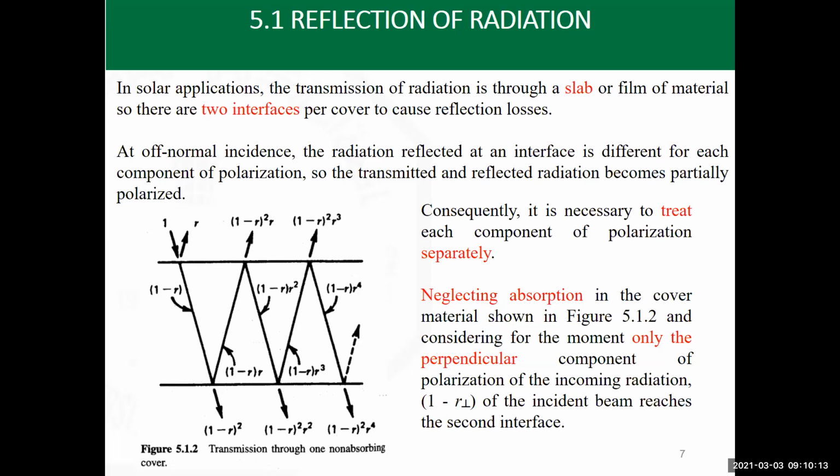So two interfaces per cover are causing losses of reflection. At off-normal incidence, if it's not falling normally on the surface, the radiation reflected is different for each component of the polarization, so the transmitted and the reflected radiation becomes partially polarized.